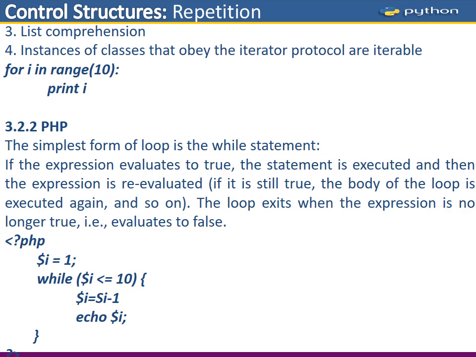Inside the braces, echo $i, which outputs $i, and then $i equals $i plus 1. So the while statement has a condition inside the brackets, and if that condition is true, the body of the loop is executed again and again. So that is the while statement.